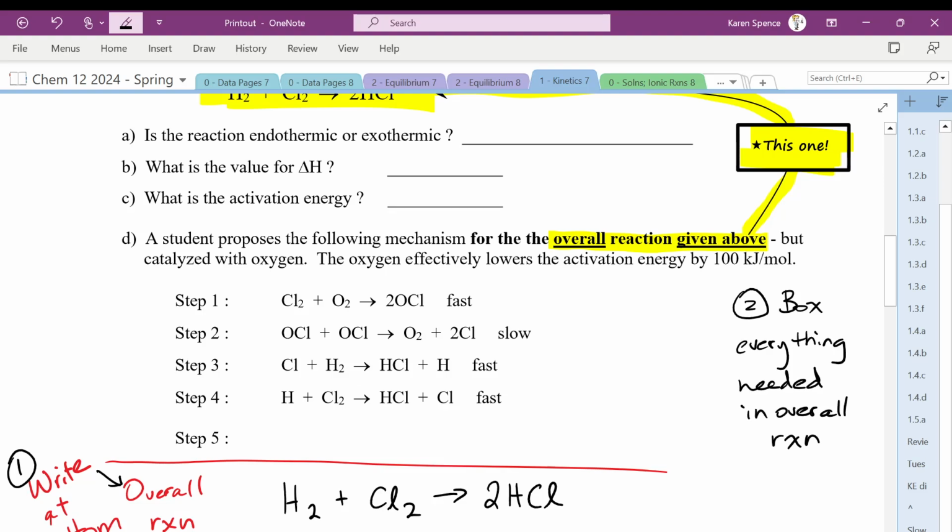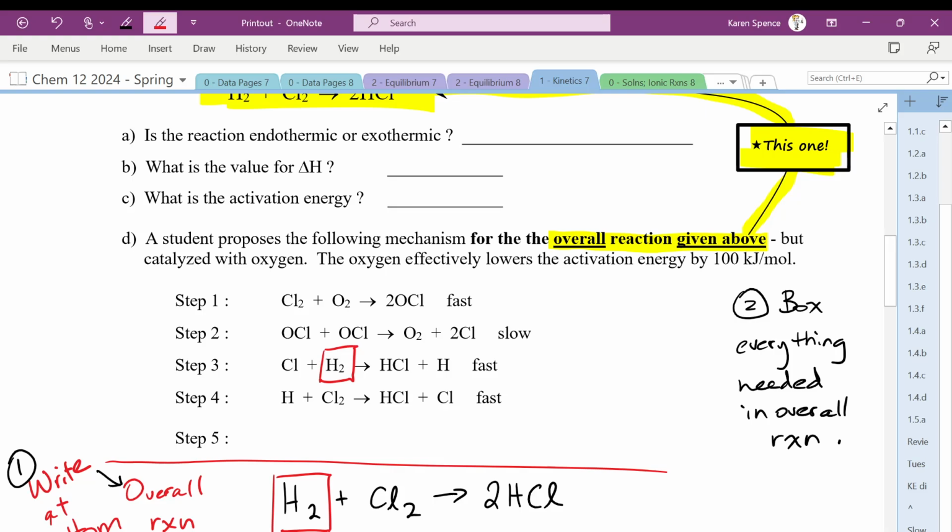So what does that mean? What it means is I'm going to go find an H2, and I'm going to say, do I have an H2 in the steps already? Yes, I do. So I'm going to box that. That is taken care of. I am not going to touch that H2 anymore. Okay, I'm done with it. Once it's in a box, do not touch it.